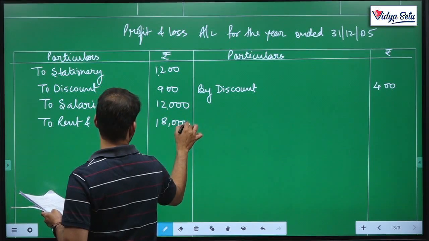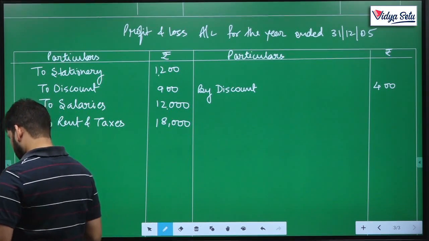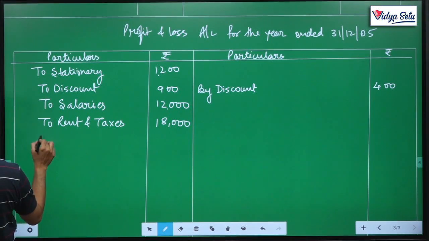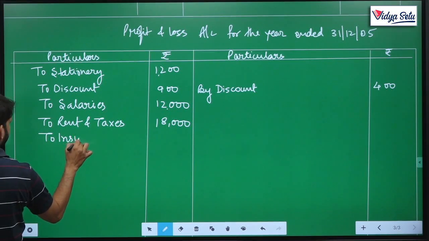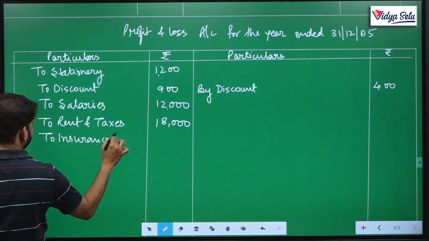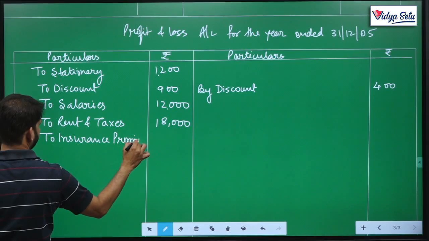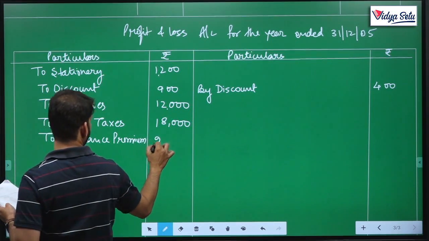We have rents and taxes 18,000. Insurance premium 2,400.